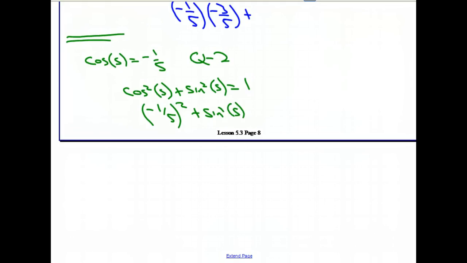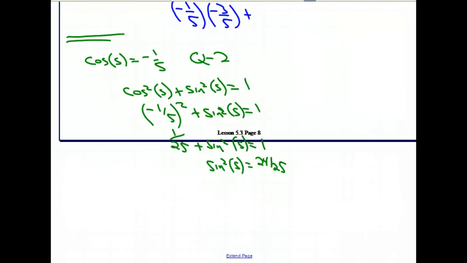This one comes out to be a little bit messier. Because I square this, I get 1/25 plus sine squared equals 1. I subtract 1/25, so I've got sine squared. 1 minus a 25th is 24/25.